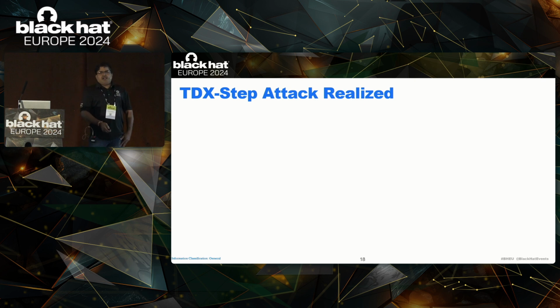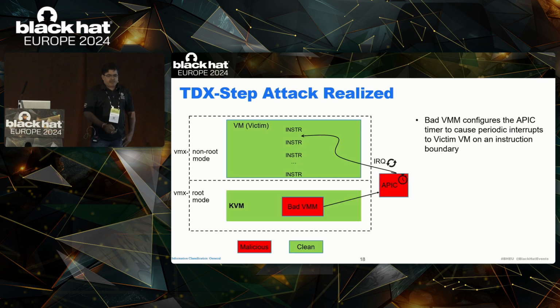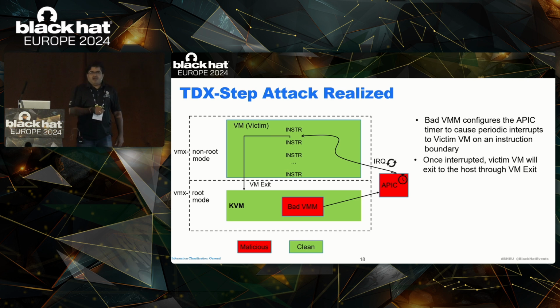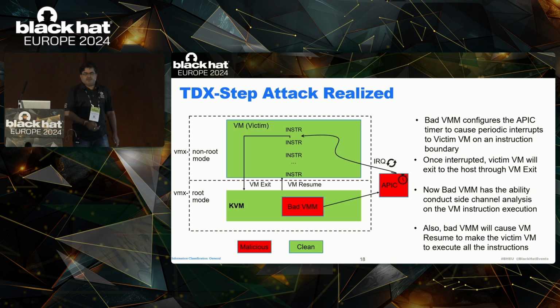So now we will see how we managed to realize the TDX step attack. As I showed you earlier, the bad VMM configures the APIC timer to cause the periodic interrupt. On every interrupt, by design, the VM has to exit to the host through a VM exit. If the VMM has configured the APIC in a way that it interrupts on every instruction boundary, the VMM will get control of the VM execution on every instruction boundary.